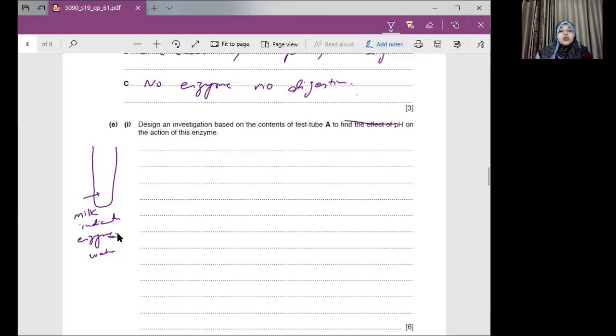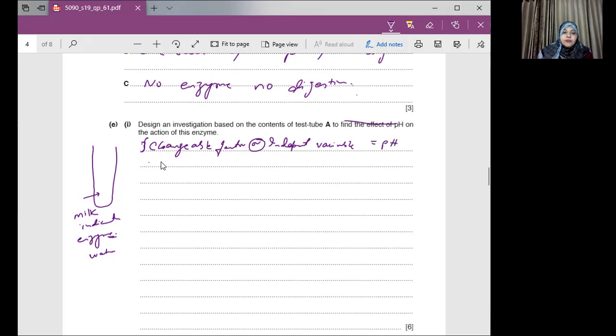When someone is saying to find out the effect, we can say that the factor we are changing, the changeable factor, or we can say the independent variable, is pH.